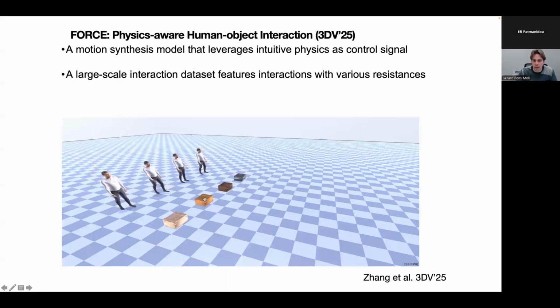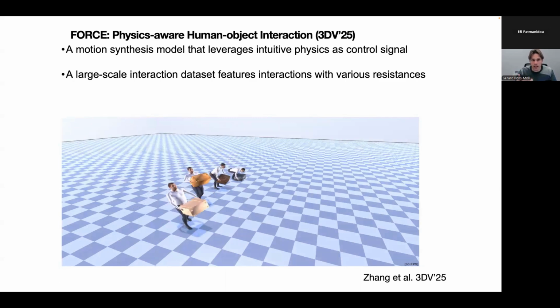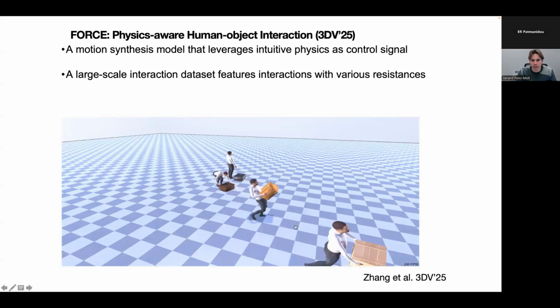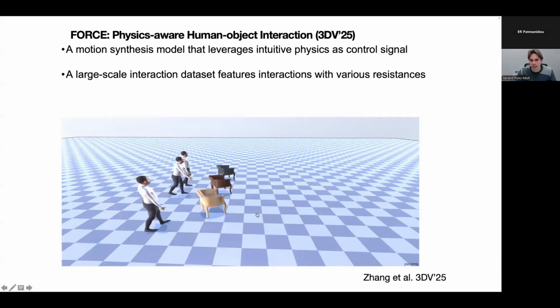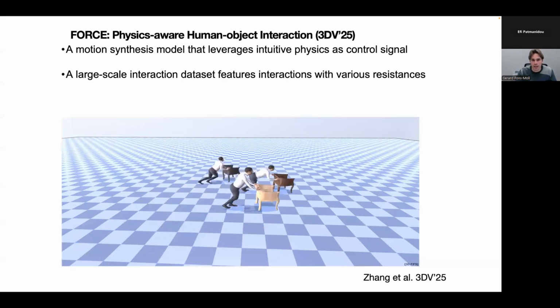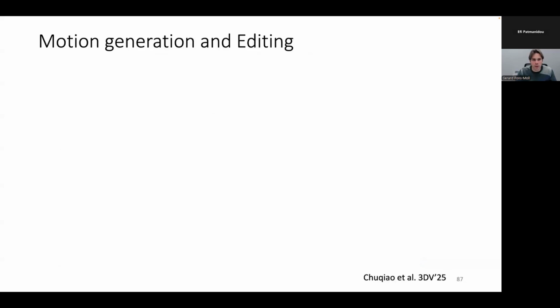Just very quickly, I don't have time to talk about these other works, but we also look a lot at human motion generation, for example, how physics affects the human motion here. For example, we have synthesis of people carrying boxes of different weights, and the models react to the different weights of these objects. And we also look at generation of human motion from text.